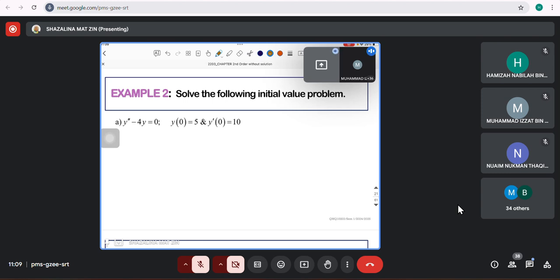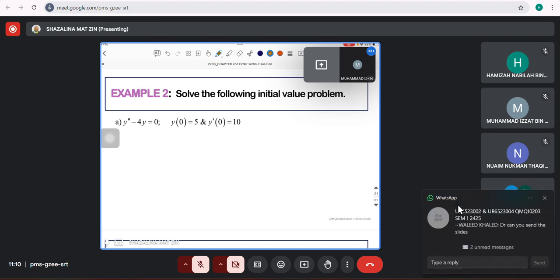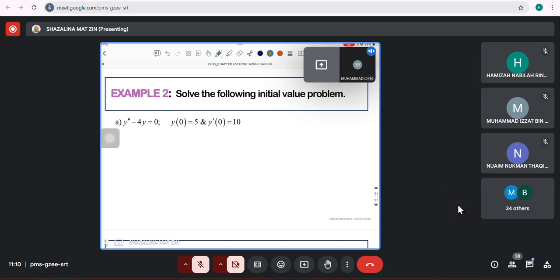Apa ni tanya bukan nak mengaku. Kira apa ni?